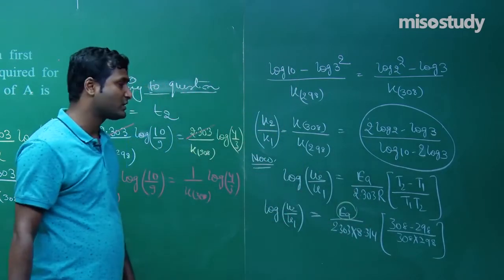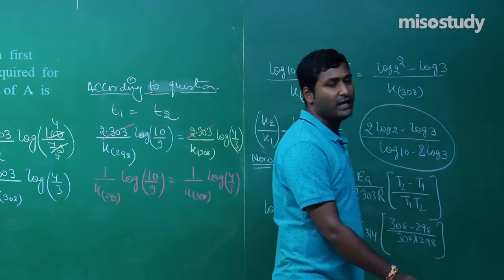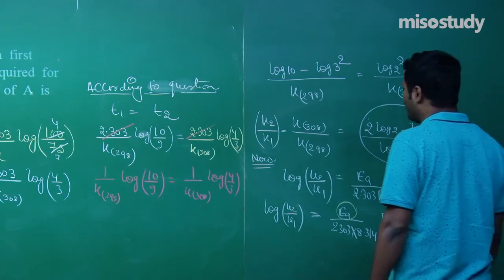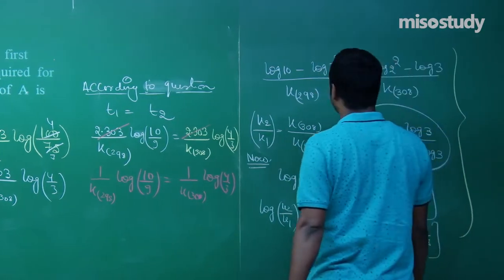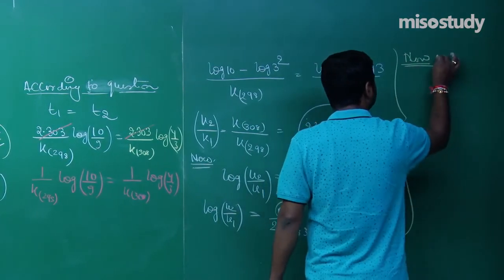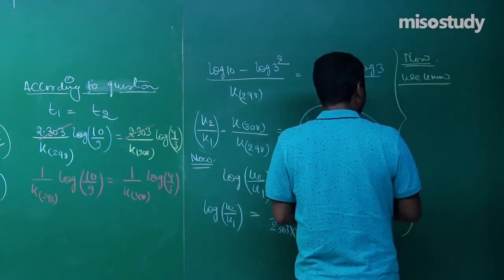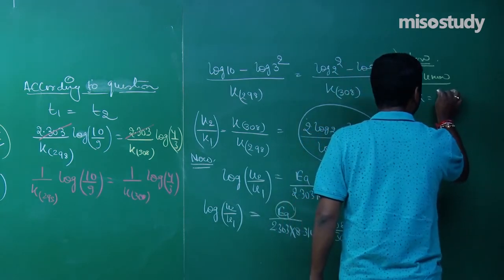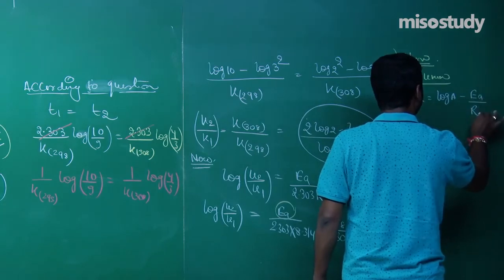The question is so lengthy, but again I am repeating, if you have a command over the theory, you can easily solve the question. Now again it is given here, calculate K at 318 Kelvin. Now we know log K is equal to log A minus EA upon RT.